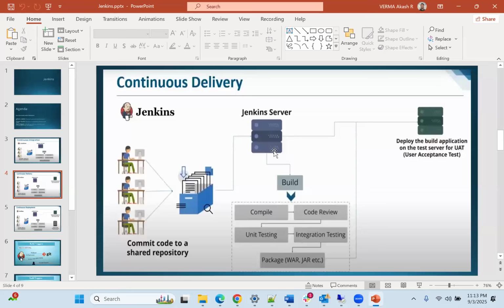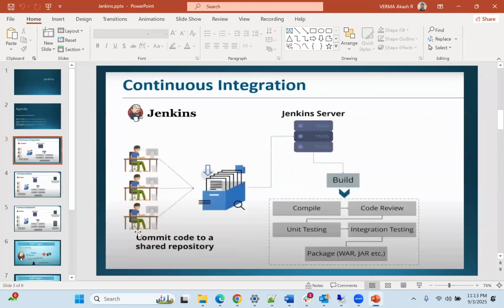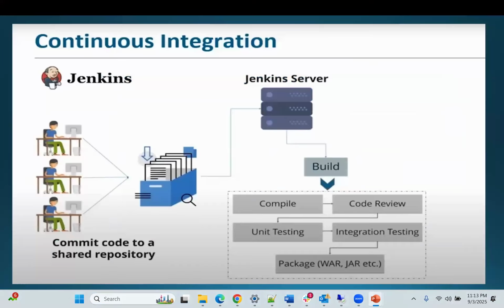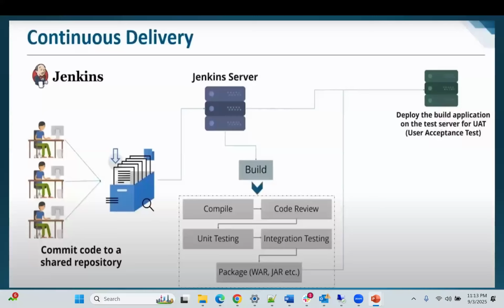Any confusion in continuous integration? No, Akash. Okay. Then comes our continuous delivery. Once your continuous integration is done, all the EXEs that you have generated, you deploy on a build server, a test server, from where QA will pick up those EXEs and do the testing.